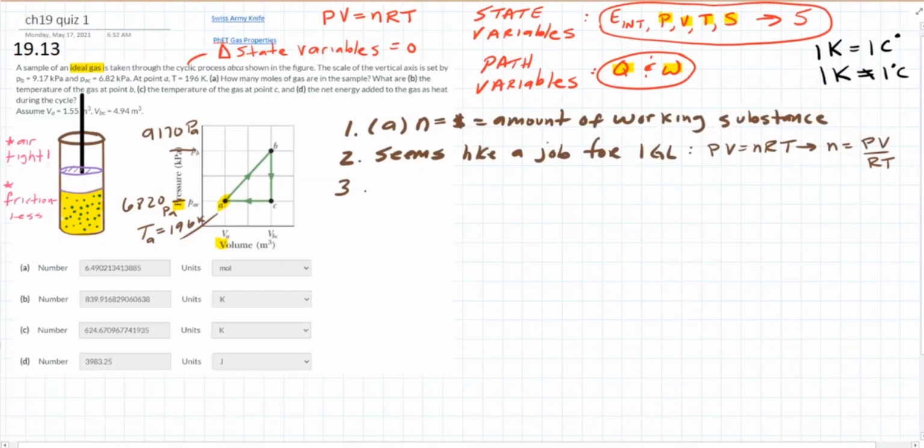So that steers me in a direction. I'm going to stick with n equals PV over RT, but I'm going to subscript things. This is pressure at A, volume at A, all over R, which is a constant, so I don't need to subscript that, all over T subscript A. There it is. So far, this is very rudimentary. This is really just solving for n in the ideal gas law equation.